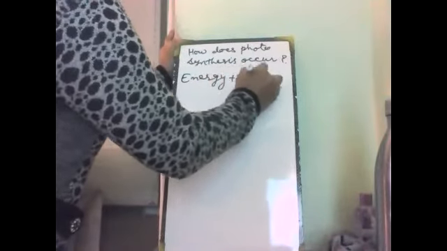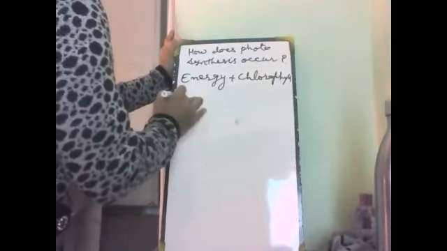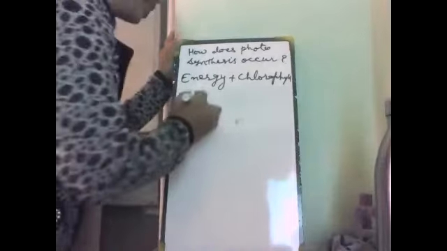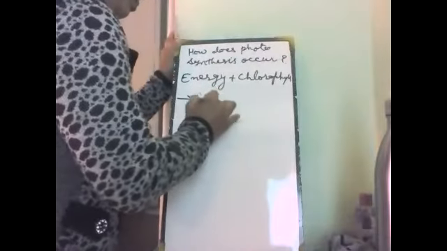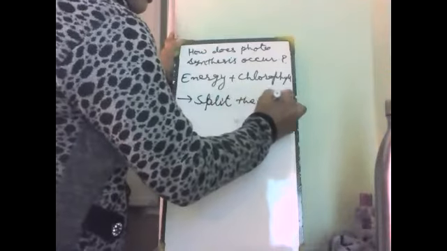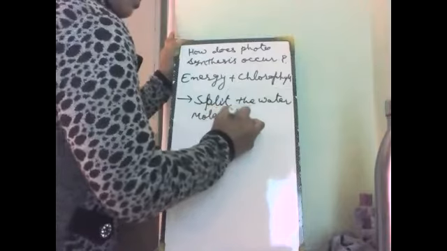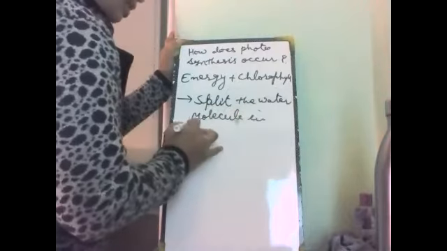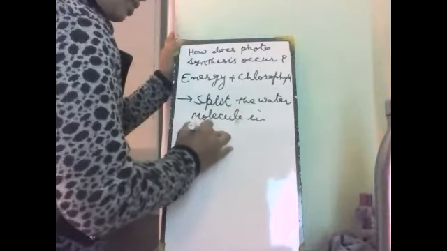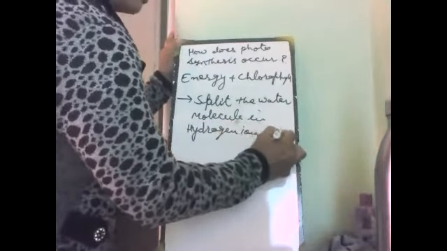Energy plus chlorophyll splits the water molecule into hydrogen ion and hydroxyl ion.